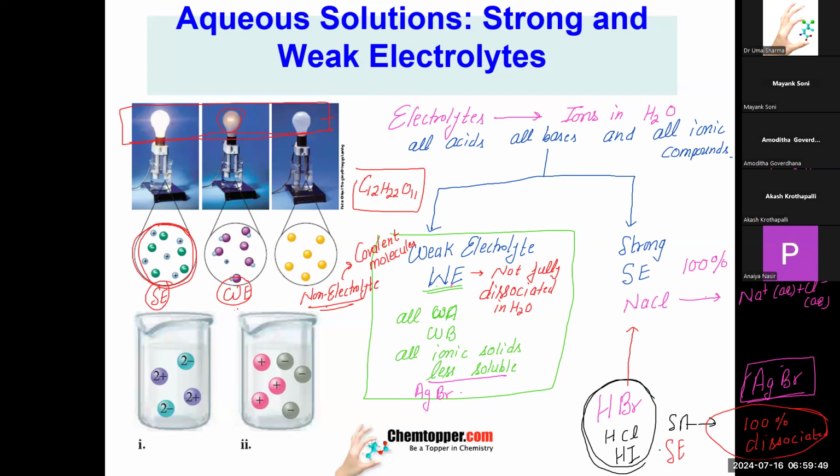Oh, Mayank, that's very wrong language. For conducting electricity, who is going to correct Mayank? He's using very wrong language. Please correct him. For conducting electricity, we need moving charged ions.